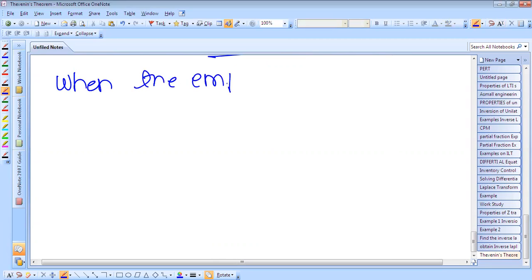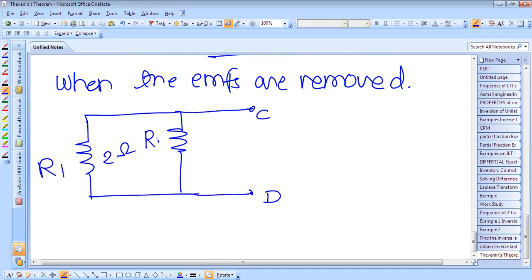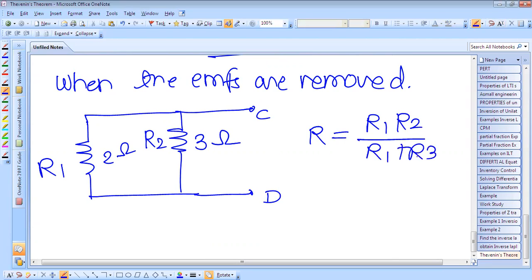Now when the EMFs are removed, the circuit will become like this. CD, and this is R1, which is 2 ohm, and this is R2, which is 3 ohm. So we find this total resistance R equal to R1 into R2 divided by R1 plus R2.